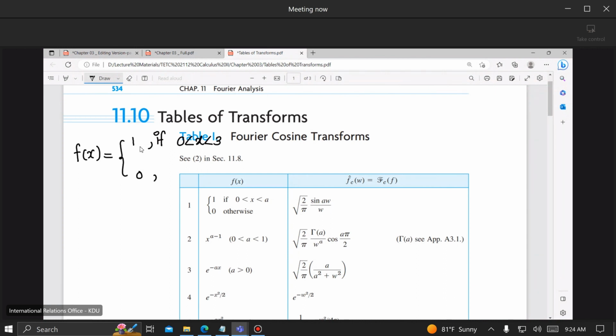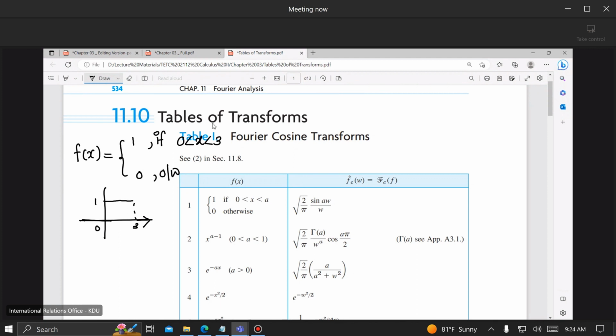And then it is 0 otherwise. So if we have to draw the graph of this function, how to draw? It is f of x is equals to 1 from 0 to 3, and it is 0 otherwise. So this is the graph of the function.